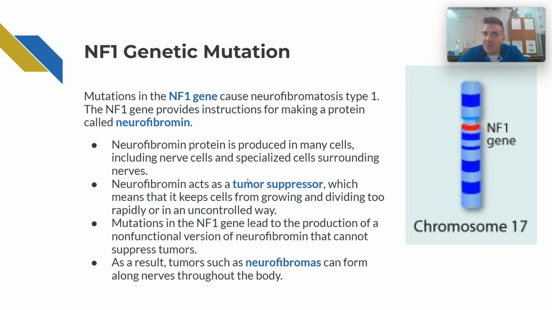And the reason it's called that is because it's named after the fibroma tumors. It's kind of weird the way that things are often named. So basically, scientists observed these tumors. They called them neurofibromas because they're like a fibroma tumor. They're this non-cancerous, fibrous little bump, basically. And they called them neurofibromas because they generally grow along nerves.